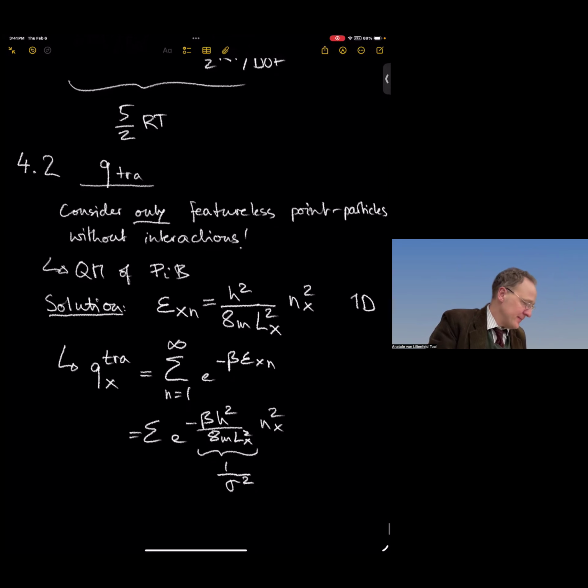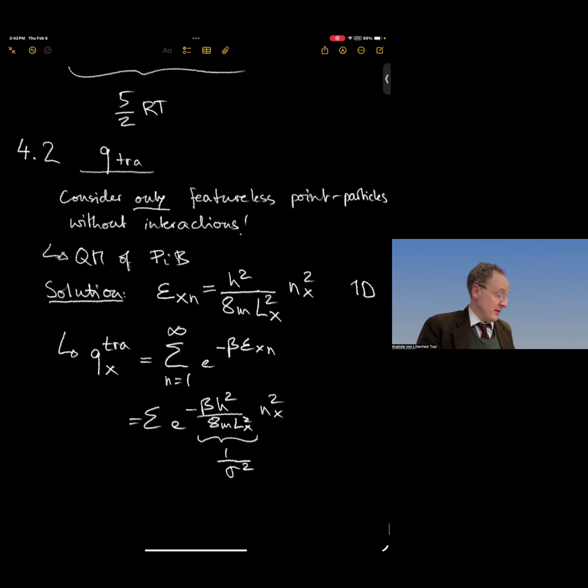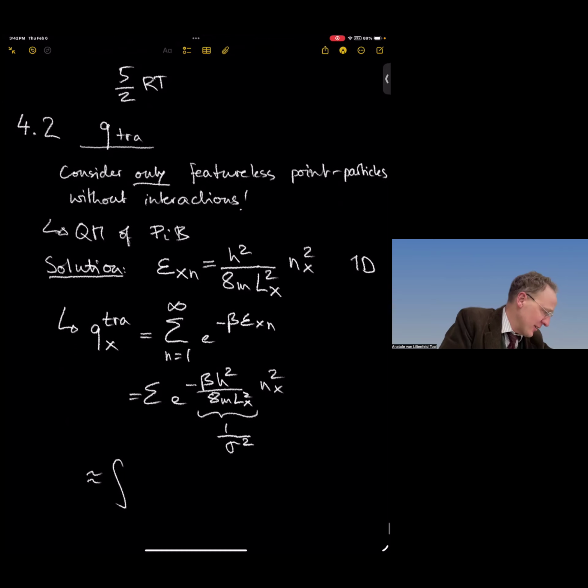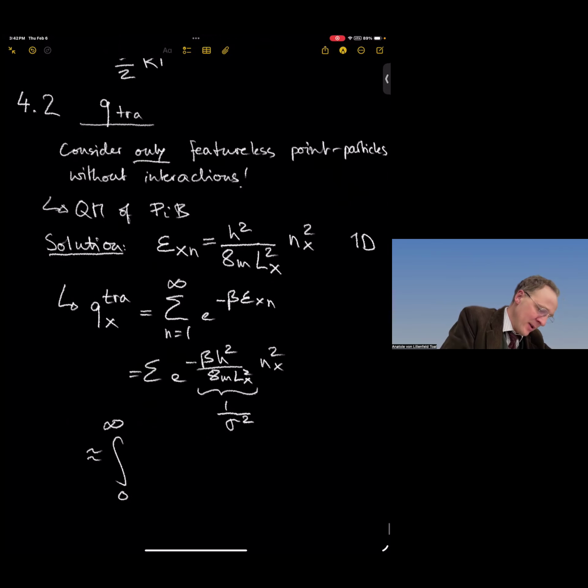So I can then say that I want to approximate this with an integral. And now I go from 0 to infinity.